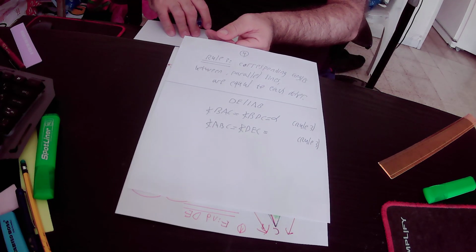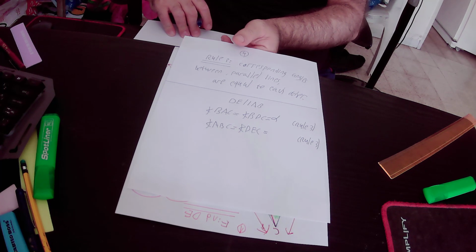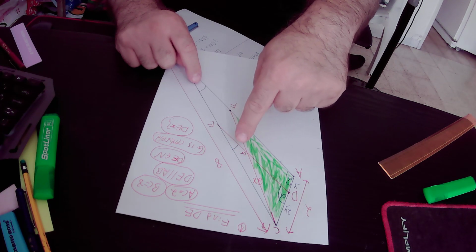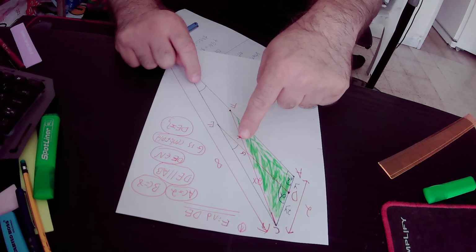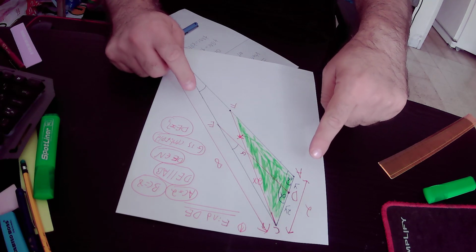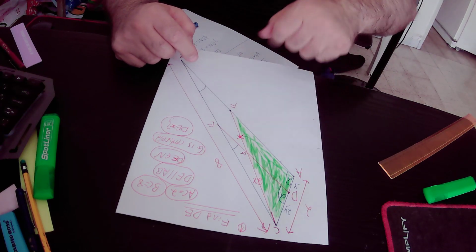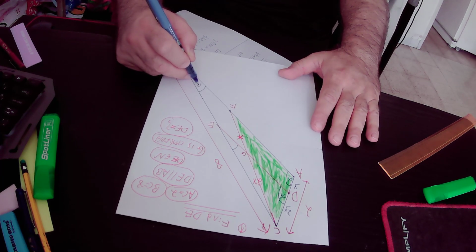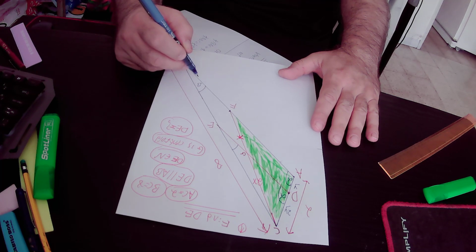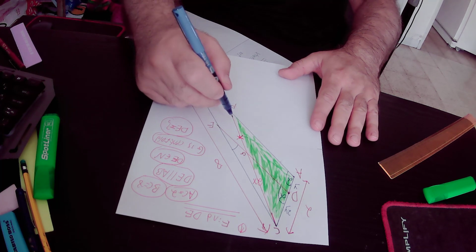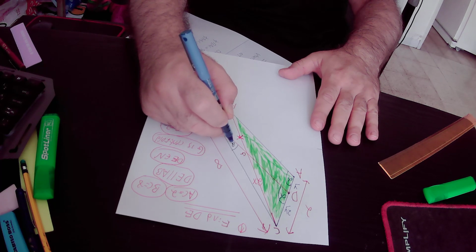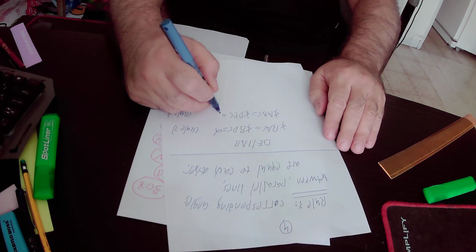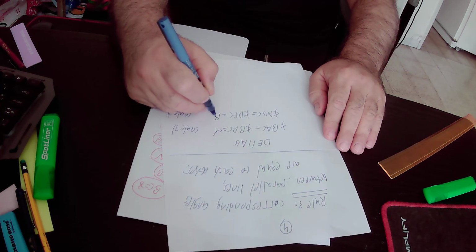If we define one angle as beta, if angle ABC equals beta, then angle CED will also be equal to beta. So angle ABC equals angle DEC, and both angles are equal to beta.